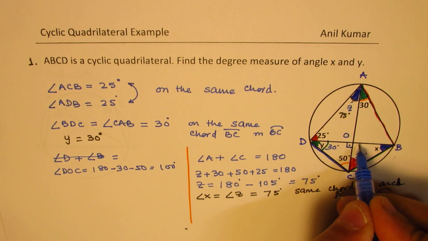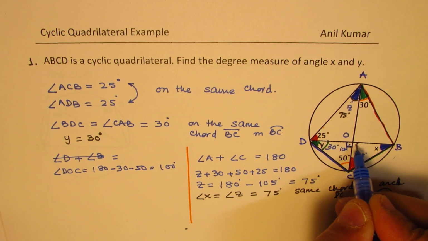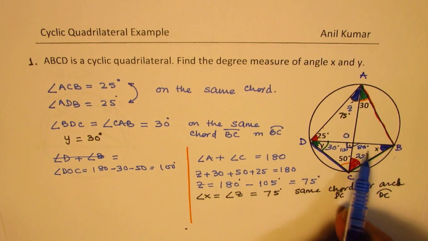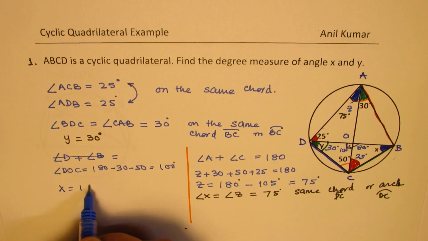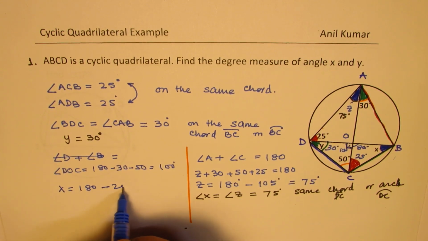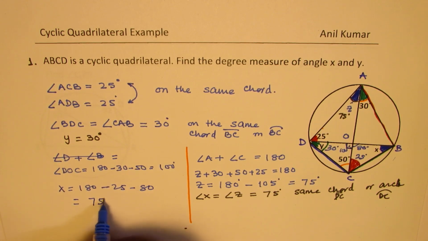Now if this is 100, in that case this is 80, correct? Now if that is 80, then X will be equal to 180 minus 25 minus 80. And that also gives you 75 degrees.